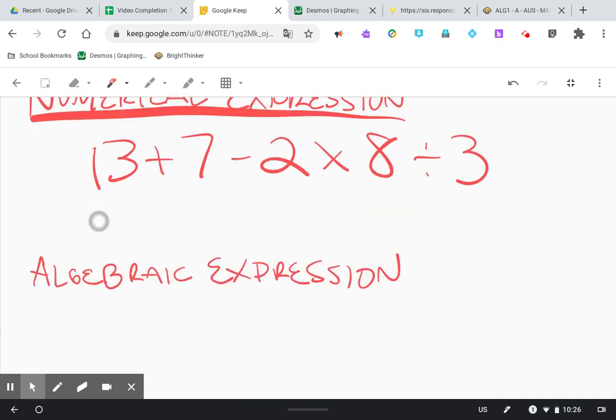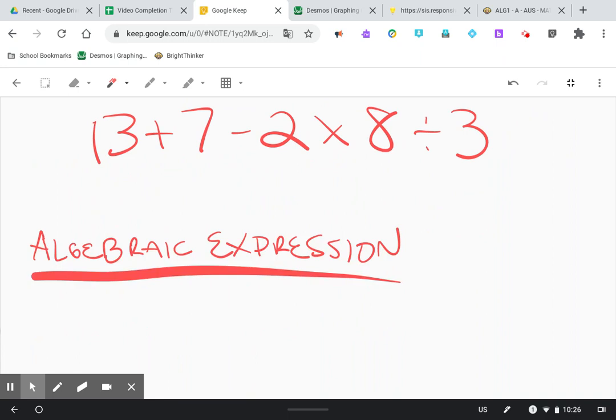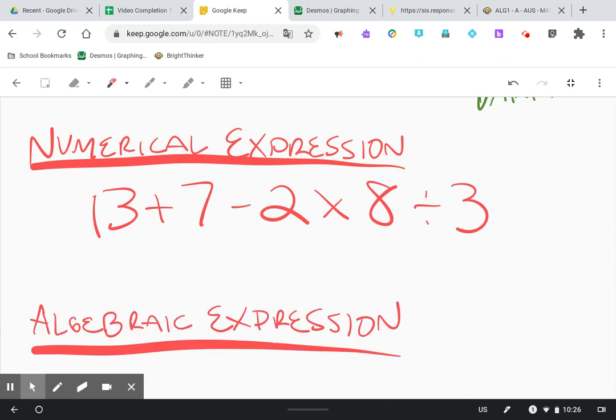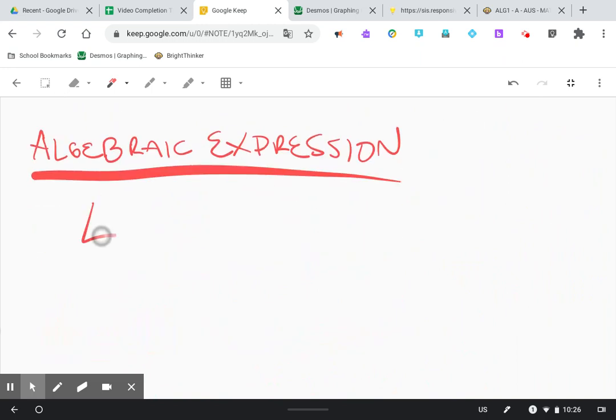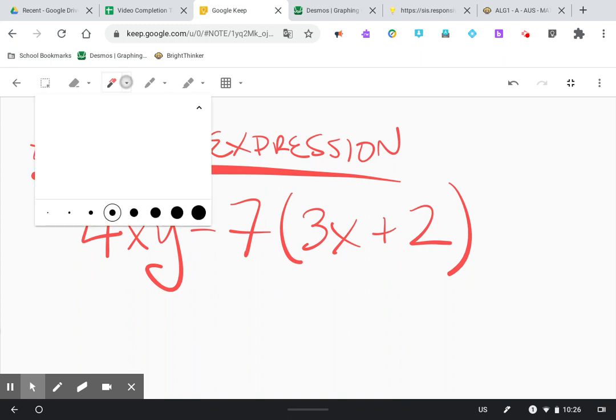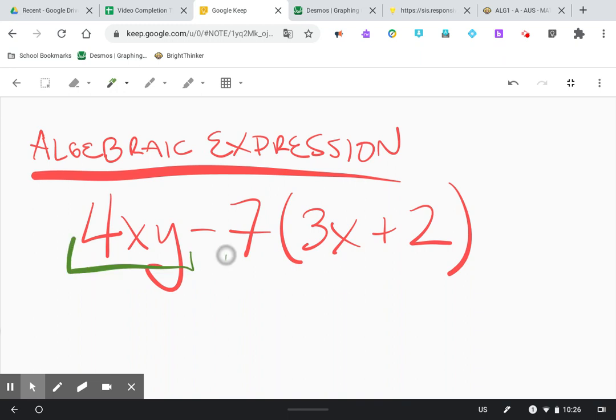So an algebraic expression is going to be a combination of terms in the same way. An algebraic expression could be something like this: 4xy minus 7 times 3x plus 2. Now, I threw in some other things, but the point here is that there are terms. There's a term here, here, here, here.